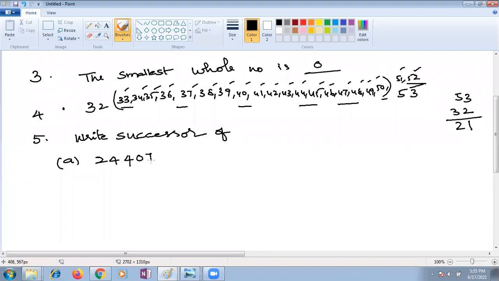244. Ma'am, I sent the answers till 6 to 1. Very good, Harsha. Ma'am, I too sent in the private chat. Right. Yadharth, what is the successor of this number? Ma'am, 2440702.